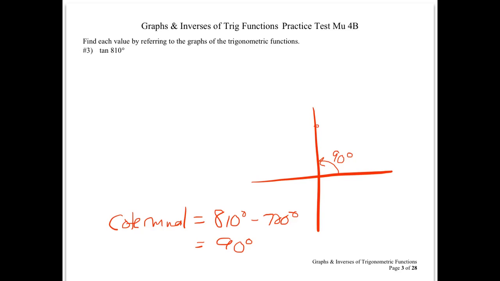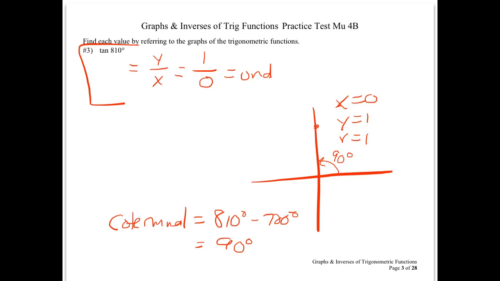At 90 degrees, x we could say is 0, y we could say is 1, and r we could say is 1. Tangent of 810 degrees, that's y over x. That's 1 over 0, which is undefined.